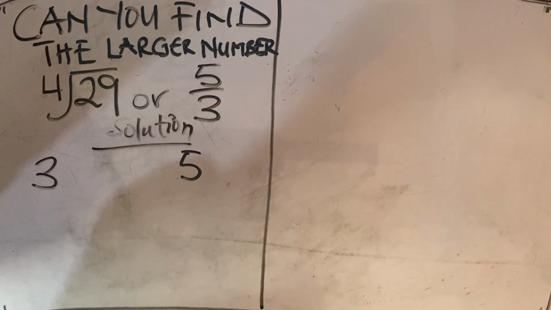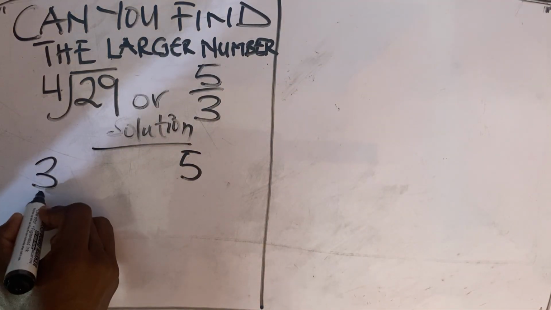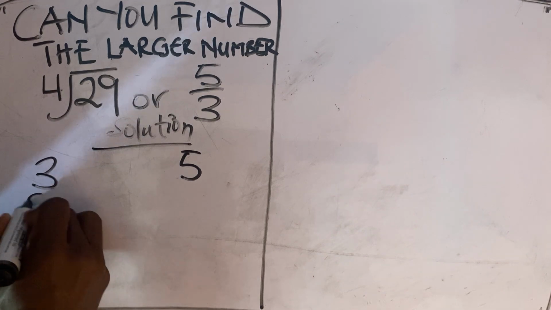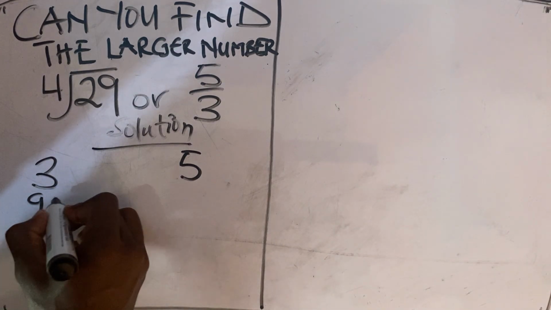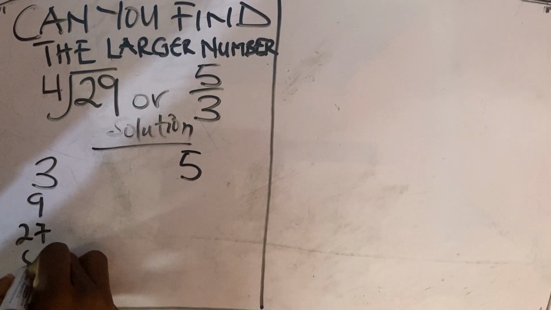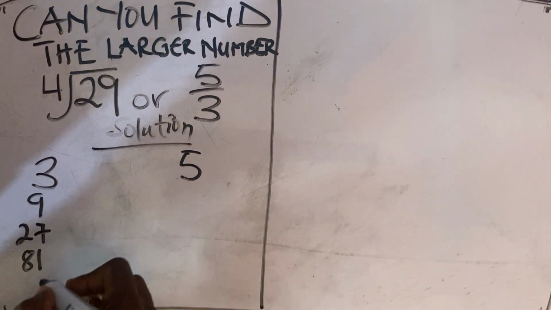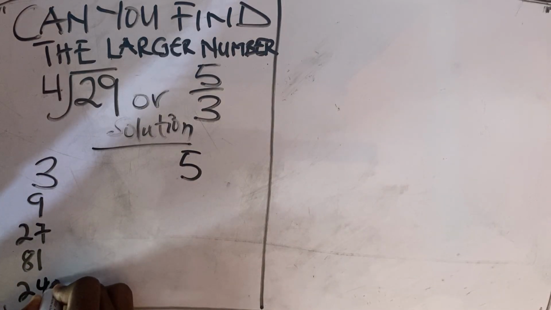Now we are going to double these numbers. If we take 3, the first one is 3. If we double it, we get 9. We double 9 again, which is 9 times 3, and we get 27. If we double 27, we get 81. 81 times 3 gives us 243.